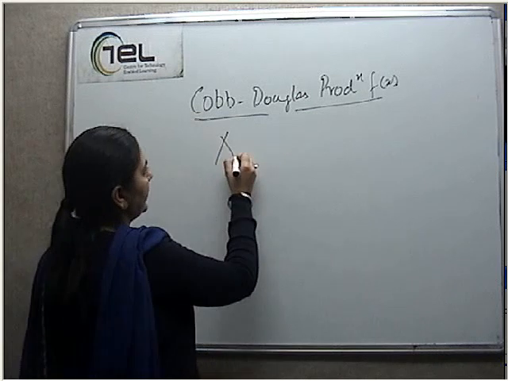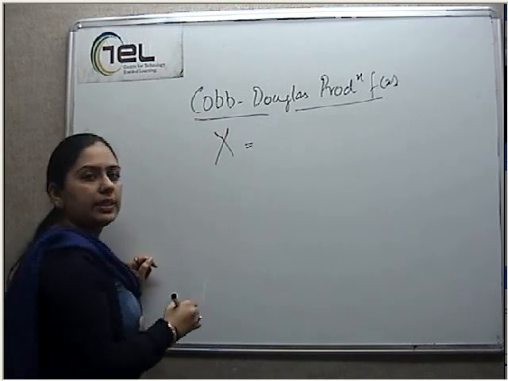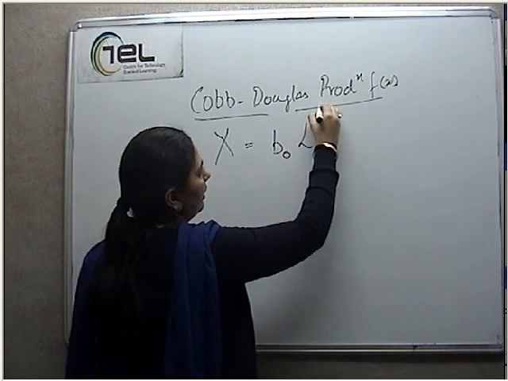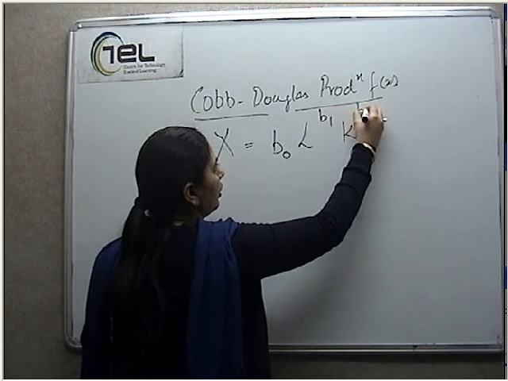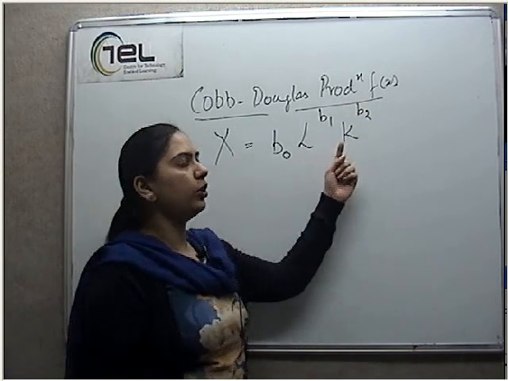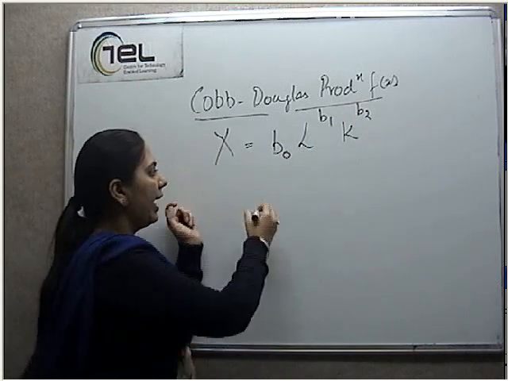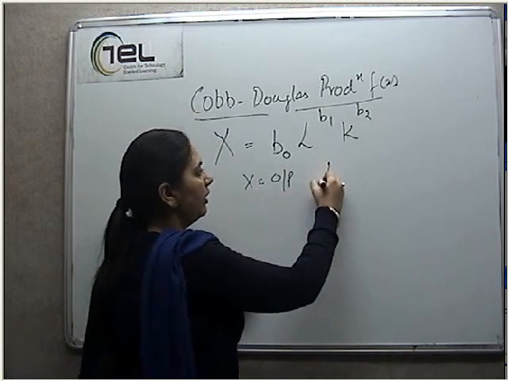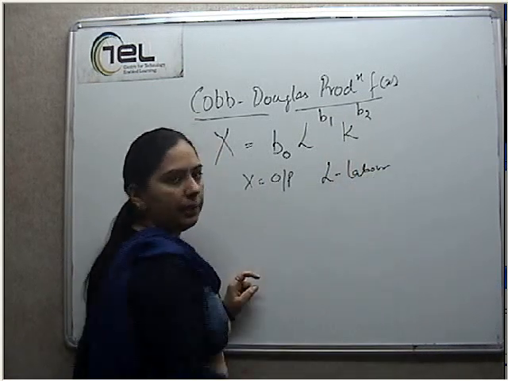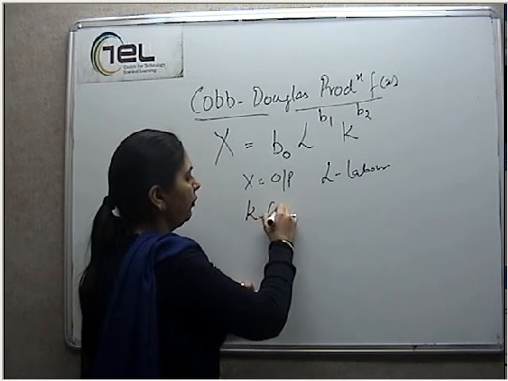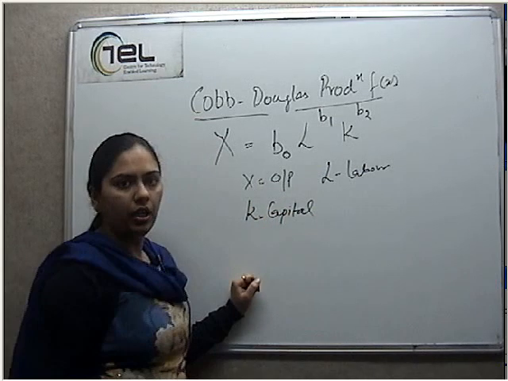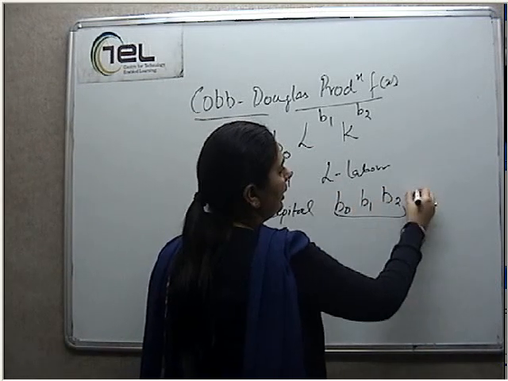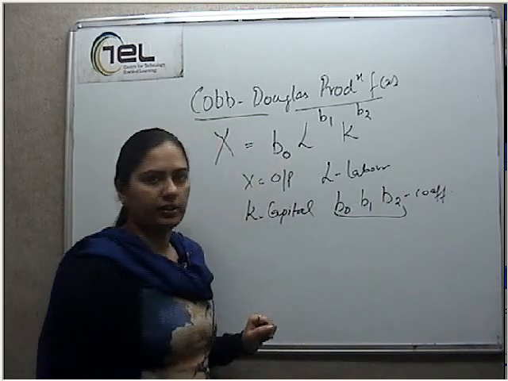It is expressed as X, which is nothing but output, equal to B naught L to the power B1 and K to the power B2. Here X is the level of output, L refers to labor, K refers to capital, and B naught, B1 and B2 are the coefficients.